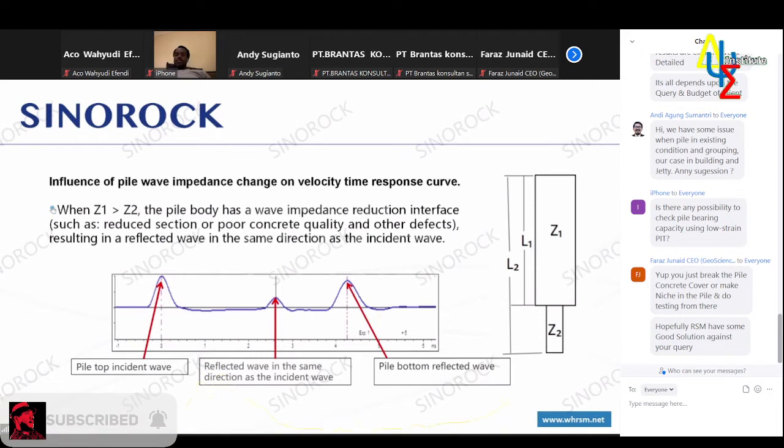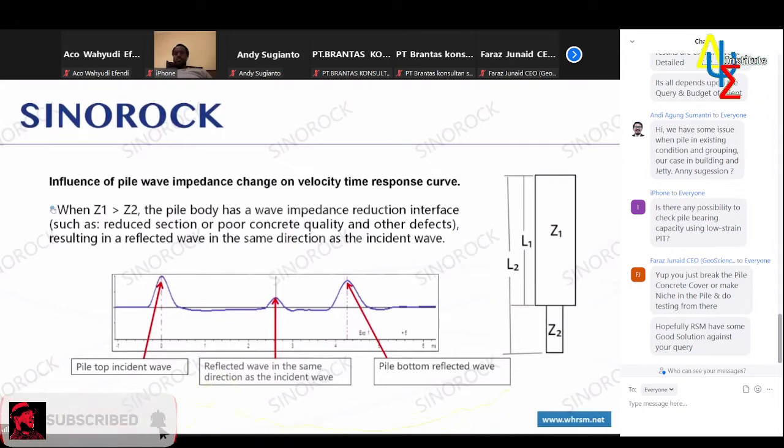According to the propagation law of the previous stress wave, on the interface where the wave impedance decreases, a reflected wave in the same direction as the incident wave will be generated. It can be seen from the time domain curve that after the incident wave at the pile head, we can see a relatively small amplitude same direction reflection wave.